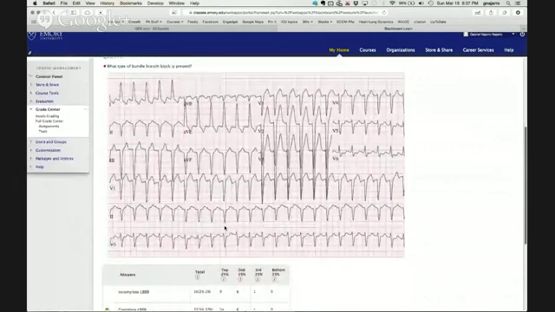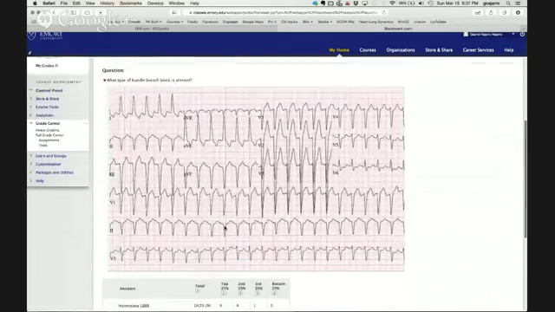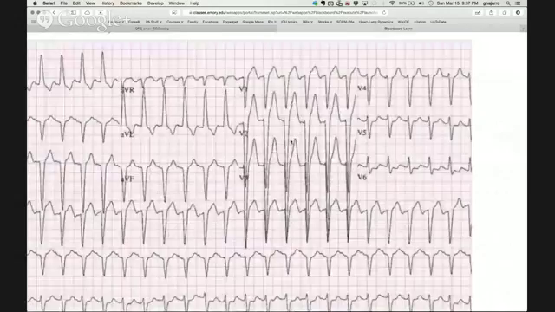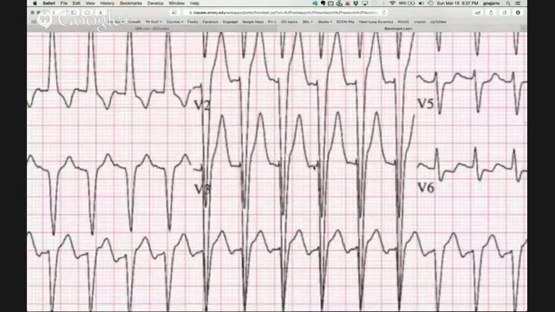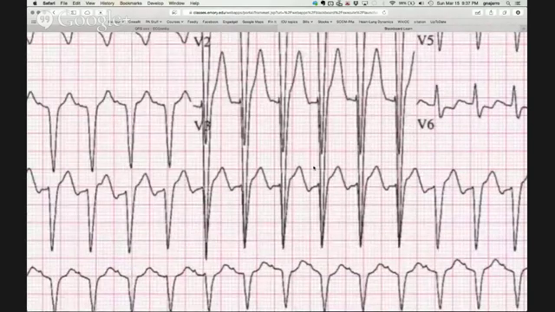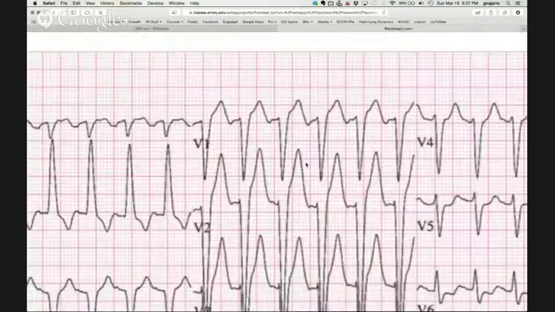The next question here, this one is a bundle branch block. If we look at the width of the QRS, let's find one that starts right on our wave here and has a good beginning and end. This is a good lead to look at.